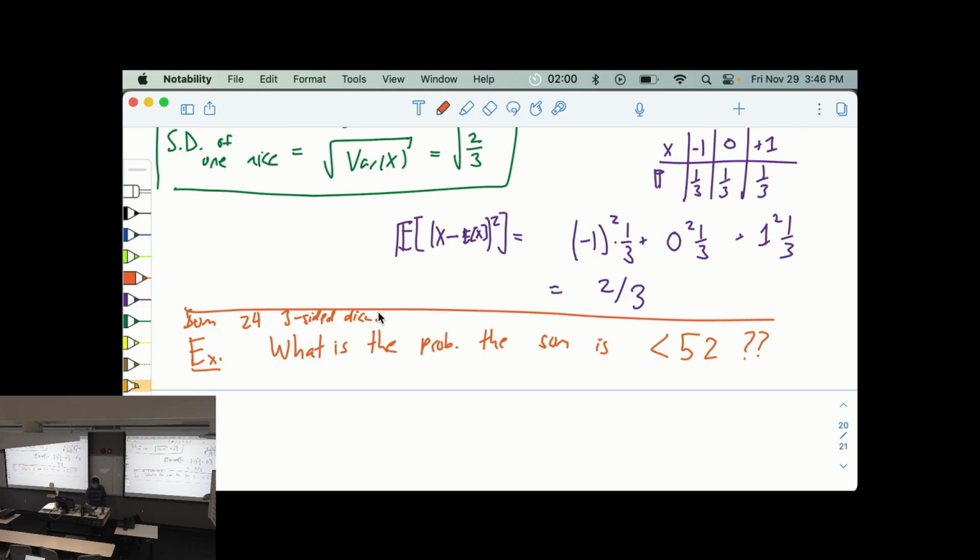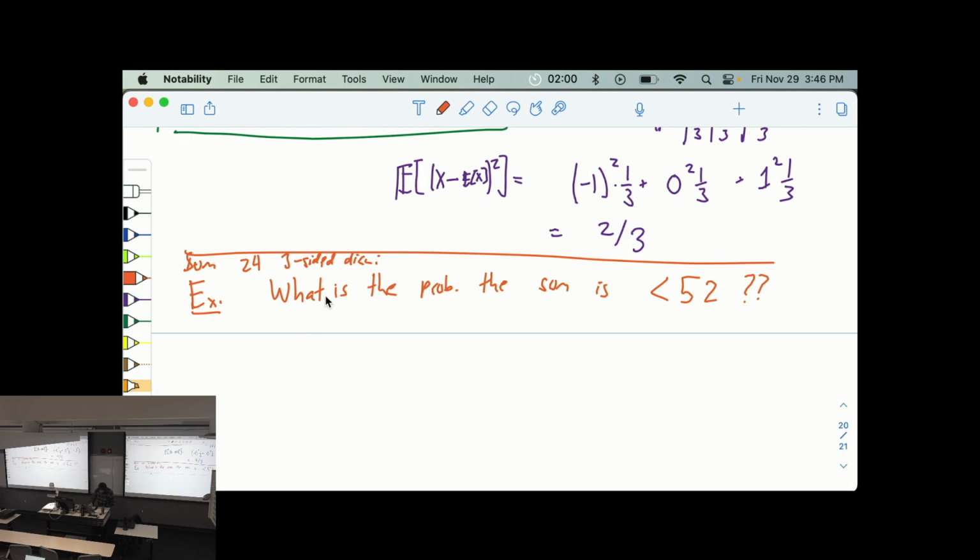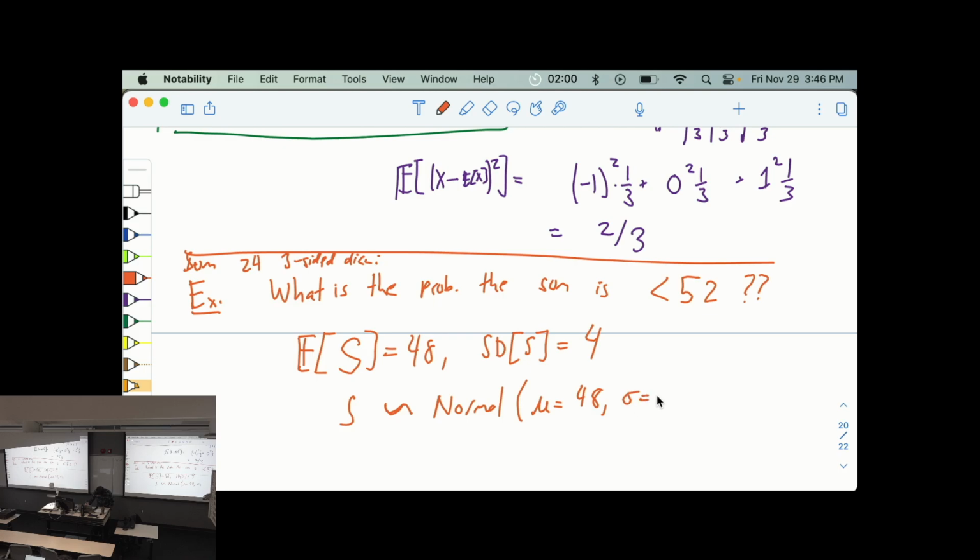And because we know the mean and the variance, we know the sum S. The mean is 48, and the standard deviation of the sum S is 4. We can do a normal approximation and say that S is approximately a normal with mean 48 and standard deviation 4.